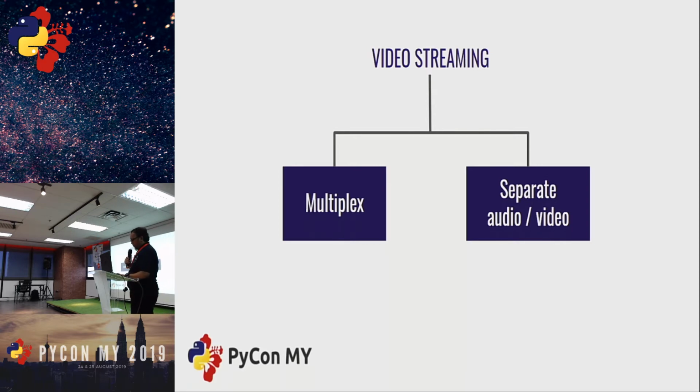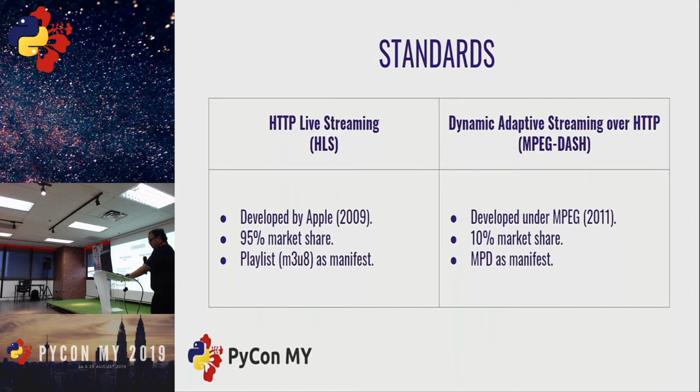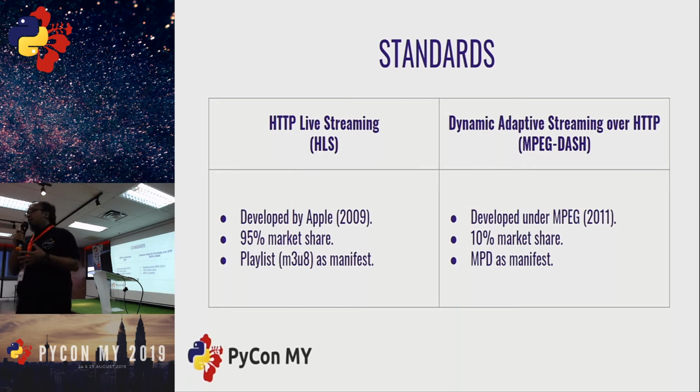Other than that, as you can see the name here, adaptive streaming, actually both HLS and MPEG-DASH are adaptive streaming. Adaptive streaming means that it will adapt to your network condition. If you have a good network condition, then you will see a higher quality file.